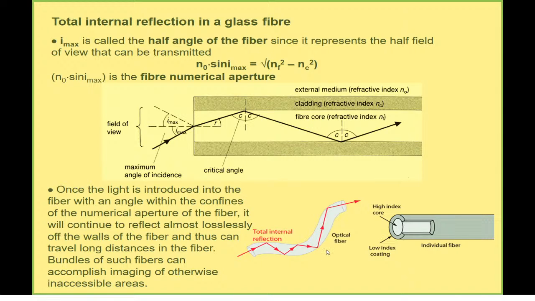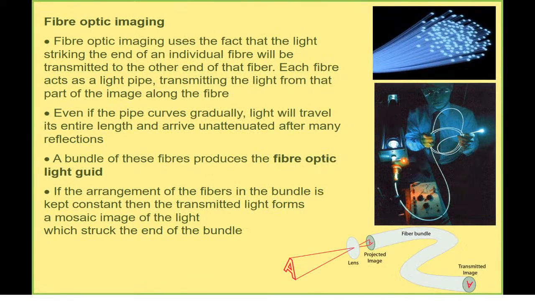So, and you can see, independent of curvature, this total internal reflection is maintained and light goes through this fiber. And this is just at the core of the fiber optics instrumentation.